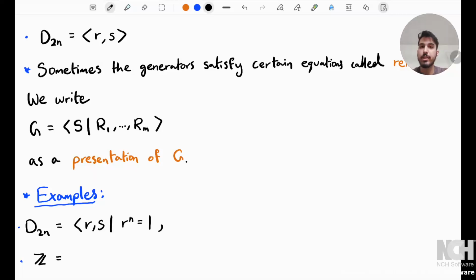That is one relation. Another relation is that S squared is equal to 1. That is another very important relation. And the last relation is that RS is equal to SR to the minus 1. And we find that these 3 relations completely and sufficiently describe the structure of the group D2N.